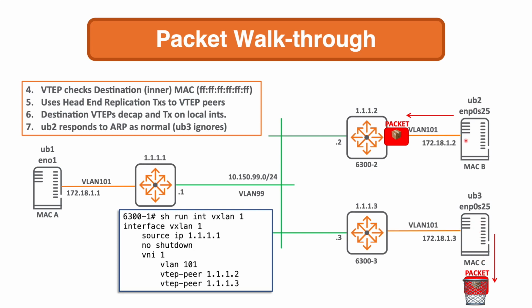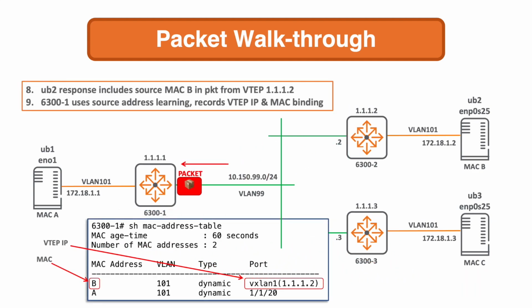But UB2 will respond with its MAC address, and it will send it back on the local LAN, which will hit the VTEP. So the ARP reply will be encapsulated by the 6300-2, and it will hit the 6300-1 over here, which will decapsulate that packet. And what this VTEP will do is it will employ what's called source address learning.